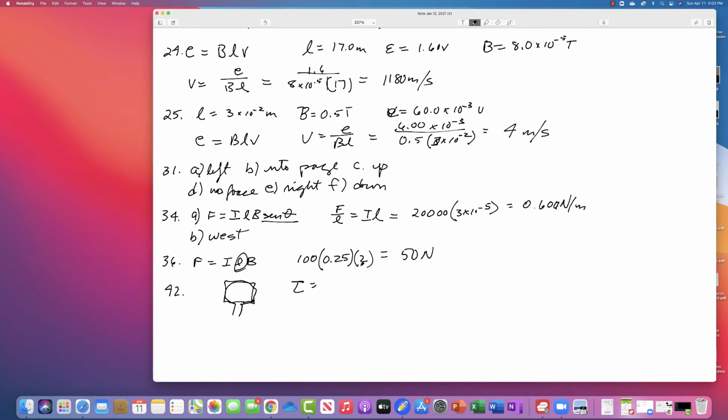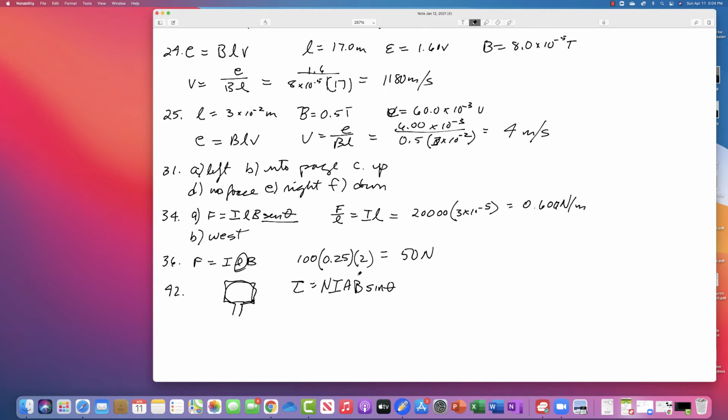Now most of these don't have a single wire, they have multiple wires. So the torque is equal to the number of turns of wire times the current going through it times the area of the loop times the field it passes through, times sine theta. As it turns, it goes through various levels of being perpendicular, so the maximum is when sine theta is equal to 1.